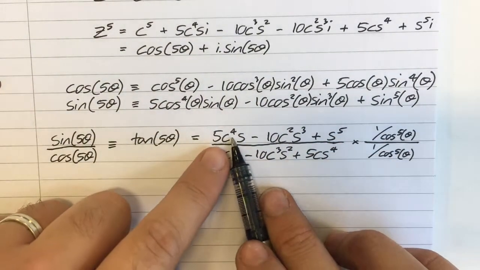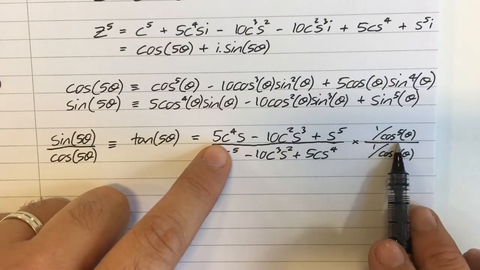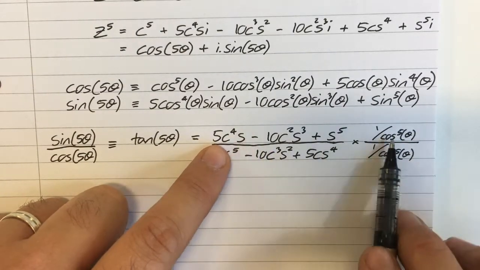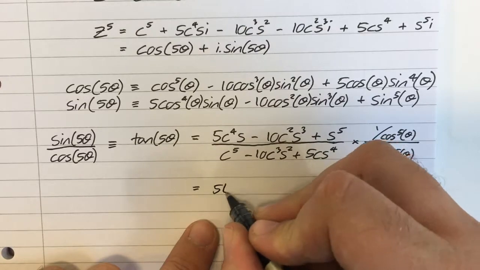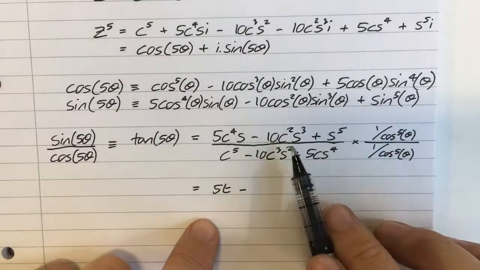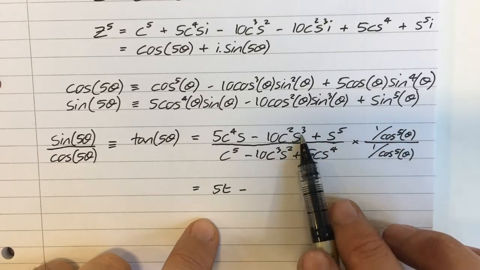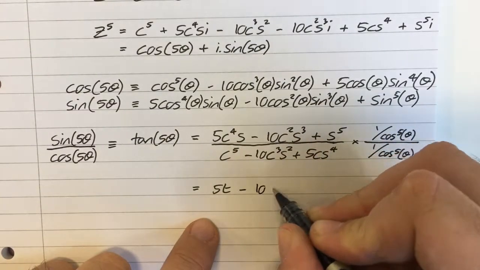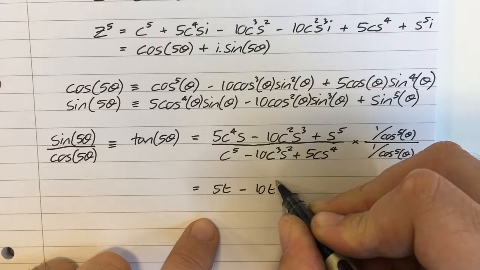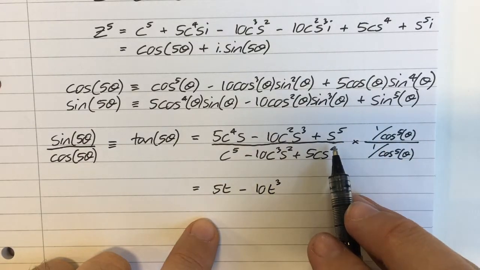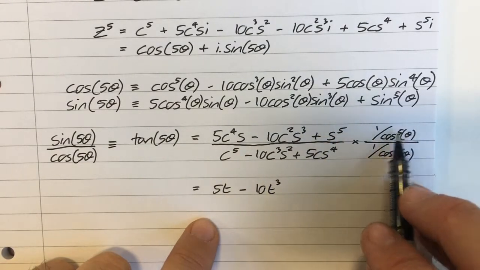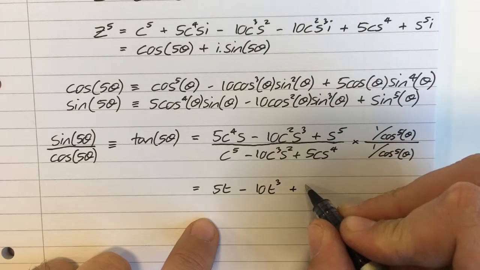So the cos to the 4 here will cancel with 4 of those, and that's left me with sine over cos, which is tan, so that's 5 tan there. Those two are going to cancel with 2 of those, and the other 3 are going to combine with that to make a tan cubed, so it's minus 10 tan cubed. And the 5 sines are going to combine with the 5 coses to make 5 tans.